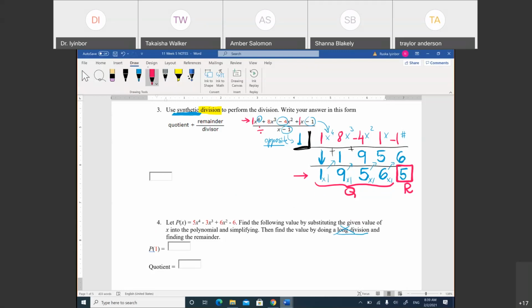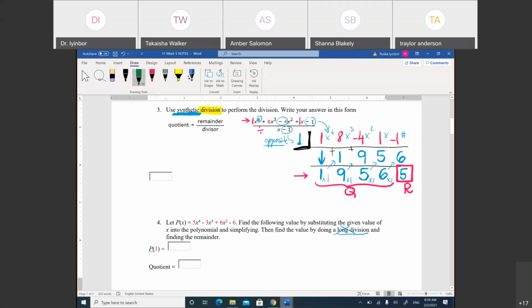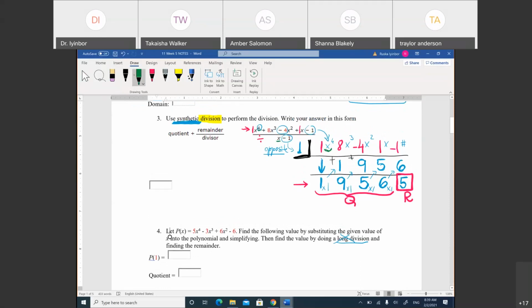So you have 1. Now, look here at what you have. I'm going to use a different color to show you. See, this is in front of x to the 4th, right? When you divide x to the 4th by x, what are you going to get? x to the 4th is x times x 4 times.